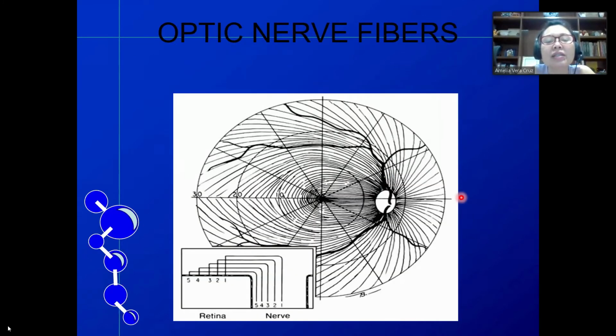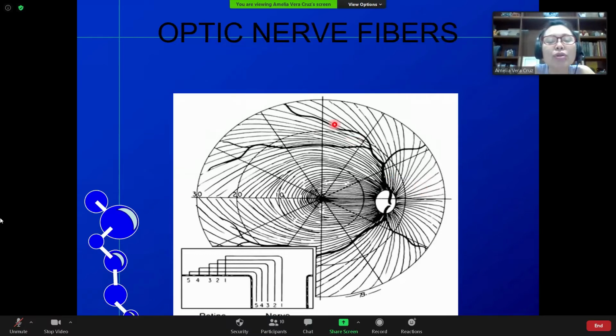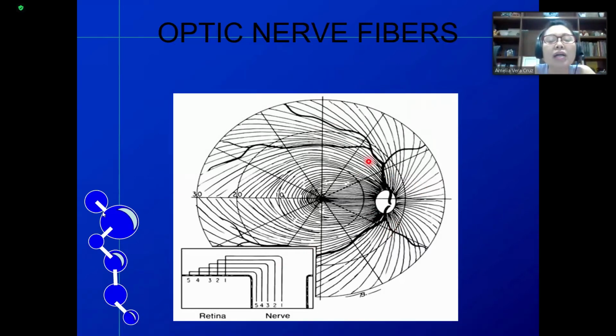This is the distribution of your optic nerve. Note that most of the axons that comprise your optic nerve mostly come from your macular area.